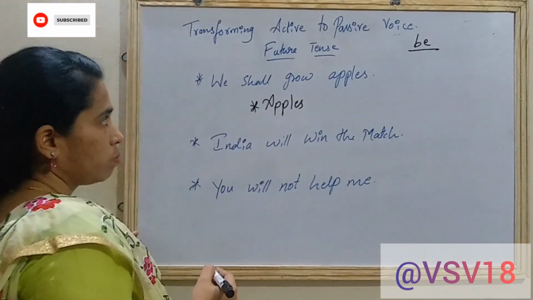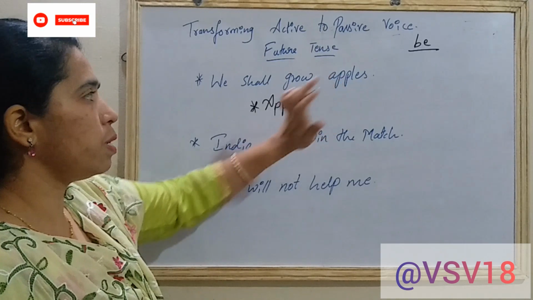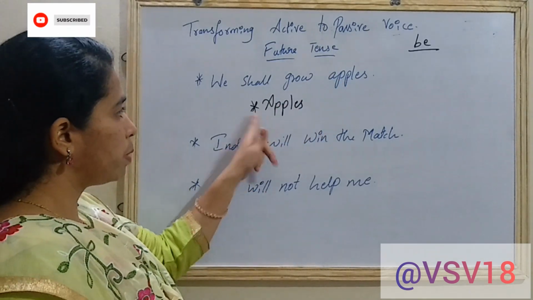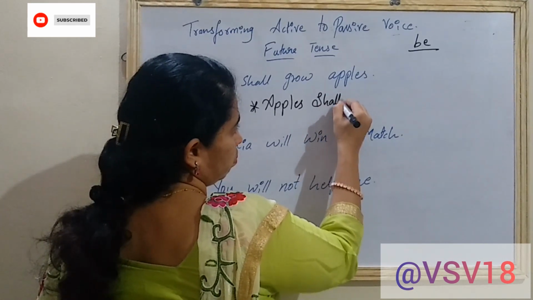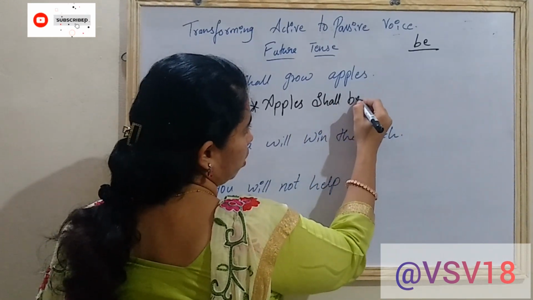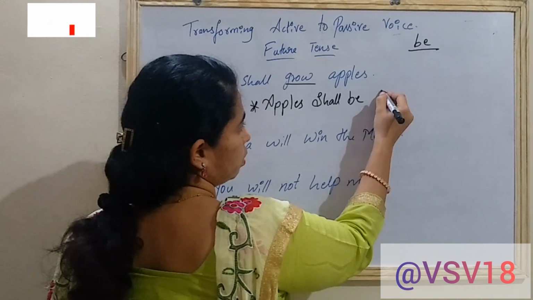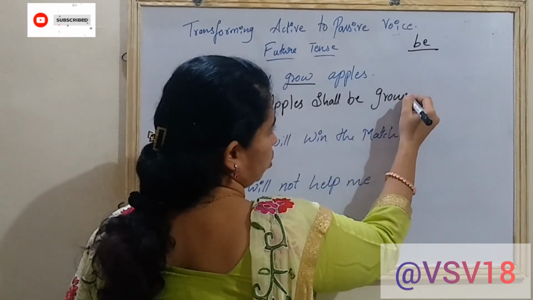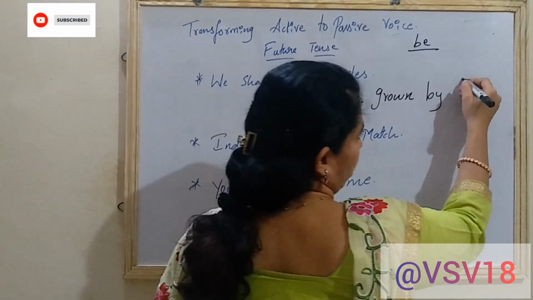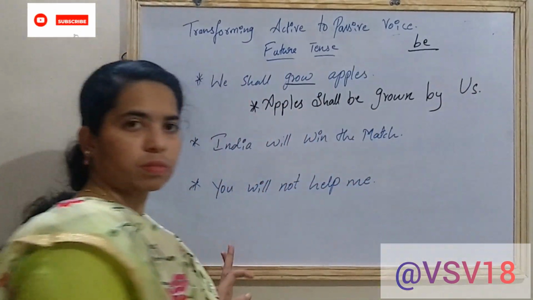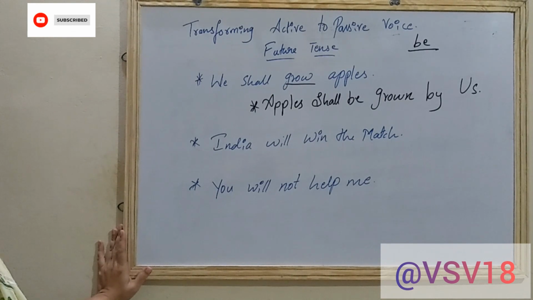We shall grow apples. Apples shall be. V3 form of grow is grown. Medium by, we becomes us.